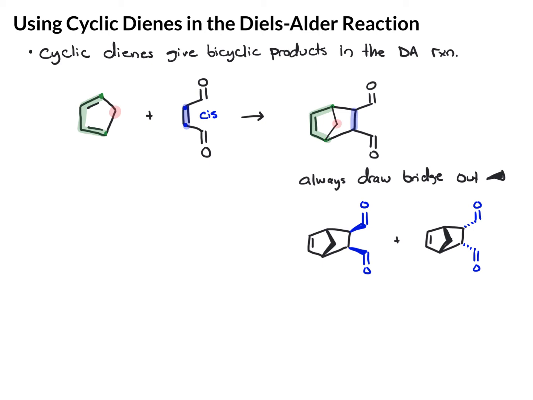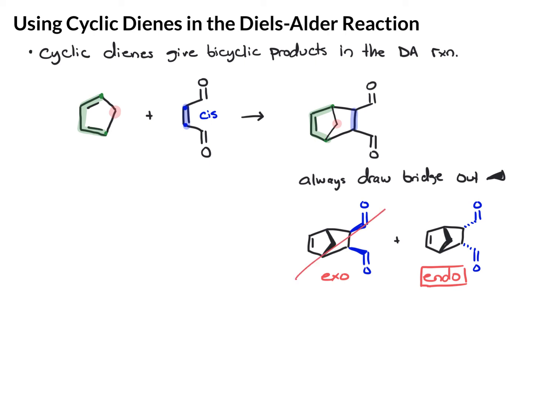The product where these 2 bonds are on the same side as the bridge with a wedge, that's called the exo product. The product where these groups are on the opposite side of this bridge is called the endo product. And it's found that the endo product is the major product of the reaction, not the exo product.